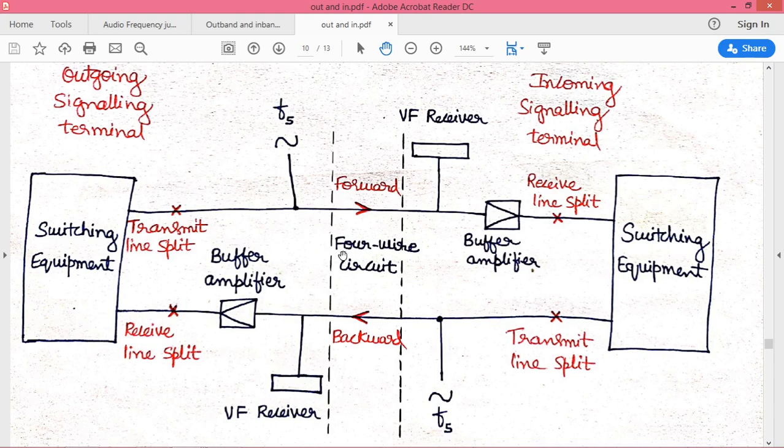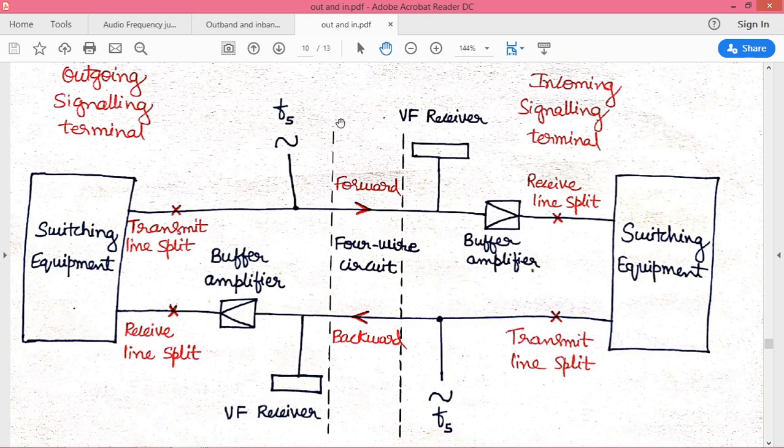Please note we are not mentioning this as a 4-wire FDM circuit, because we know this in-band signaling system operates in both FDM as well as TDM systems. That's why, excluding FDM, we are writing just 4-wire circuit.